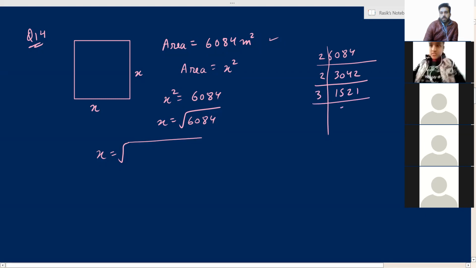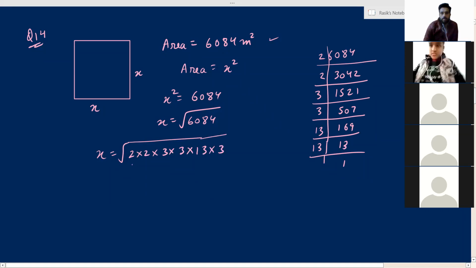Now divide by 3, 507, again divide by 3, 169. Now divide by 13, you get 13, again divide by 13, you get 1. So the prime factors are 2 into 2 into 3 into 3 into 13 into 13. There is a pair of 2, a pair of 3, a pair of 13. So x is equal to 2 into 3 into 13, which is 78 meters. This is the side of the square.